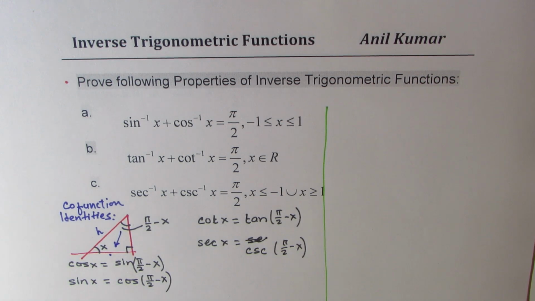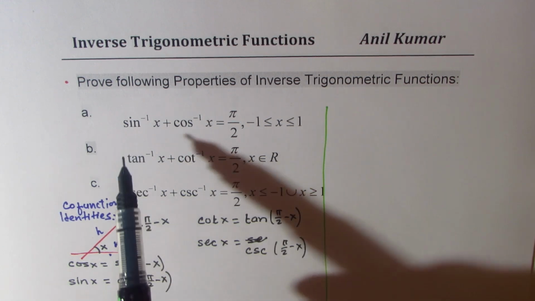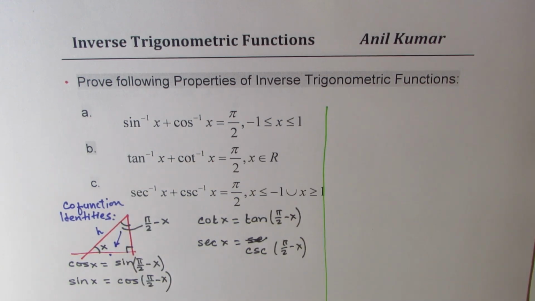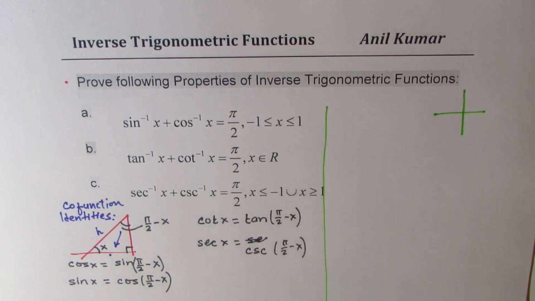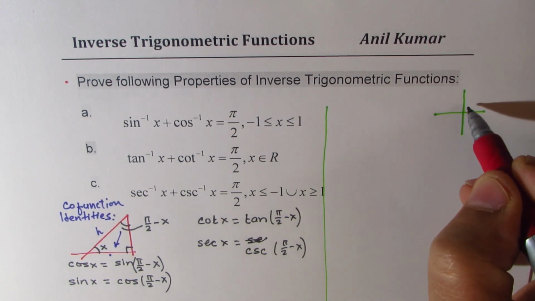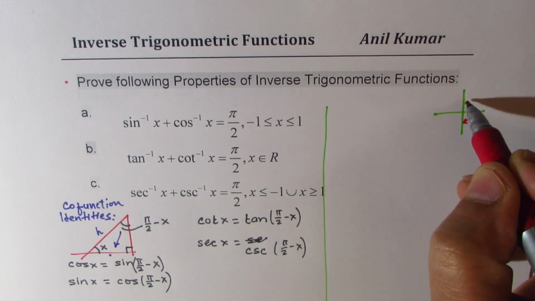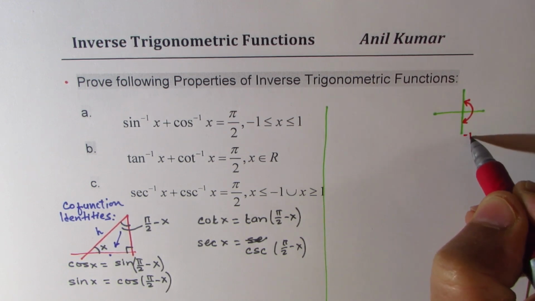The second point here is that if we are working with sine inverse, in that case, we know sine inverse is a one-to-one function provided we work in the domain from minus pi by 2 to plus pi by 2, correct?